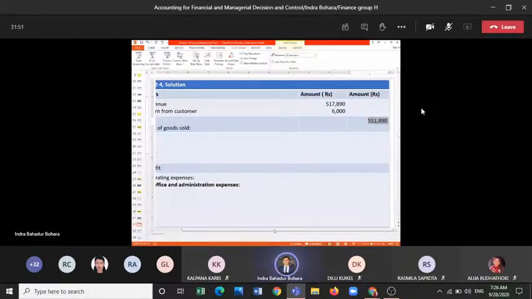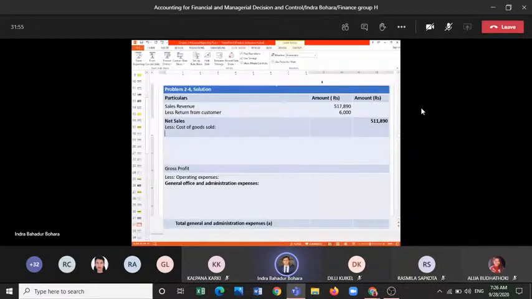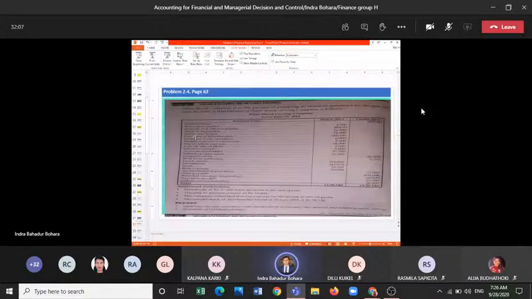Okay, then we deduct the cost of goods sold. You can calculate cost of goods sold in the working note, or you can write it under the cost of goods sold. For example, we are given the stock at the beginning, the opening stock, 16,800.